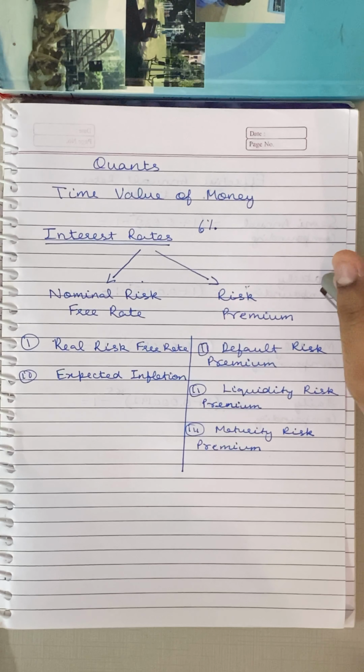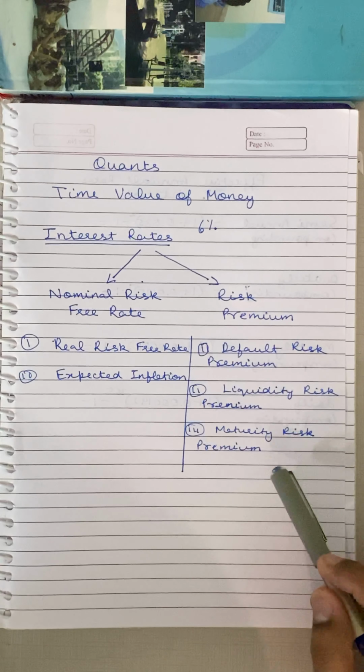Liquid means the assets can be converted into money very easily. If you try to sell a house, it might not get converted that easily, whereas gold can be sold anytime and anywhere. So that's the liquidity risk premium.